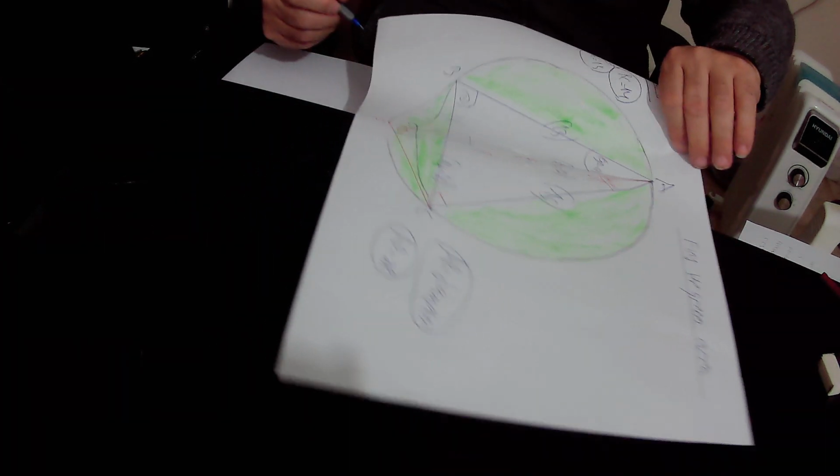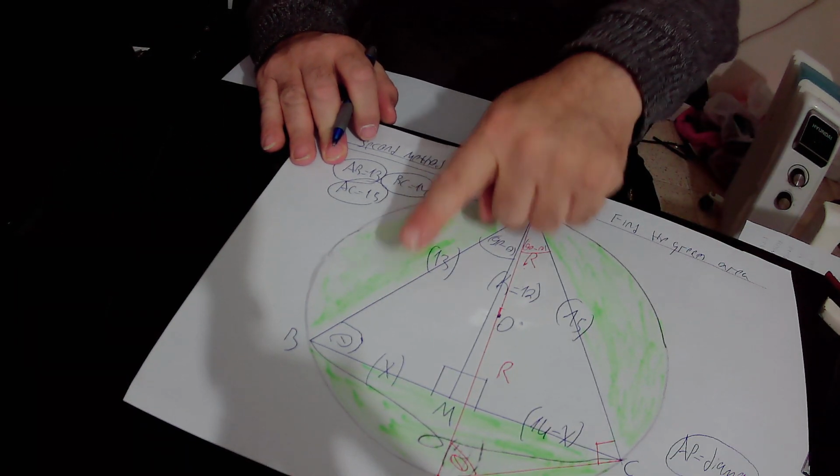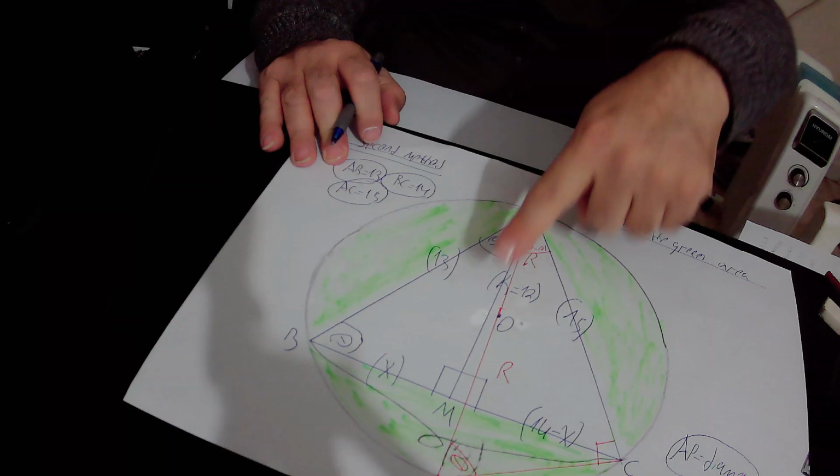In the next step, we'll prove that the right triangle, triangle ABM, is similar to the right triangle, triangle APC.